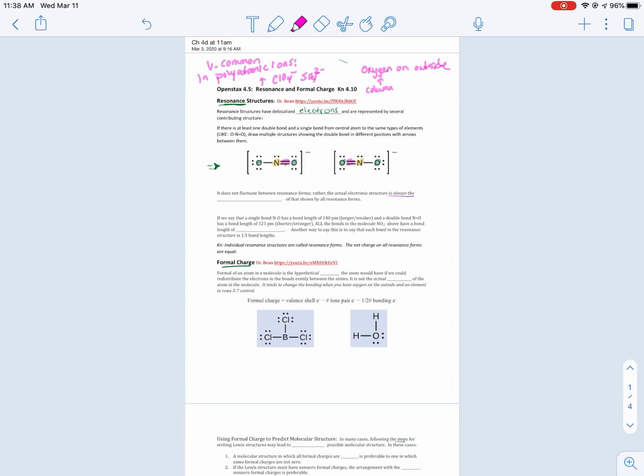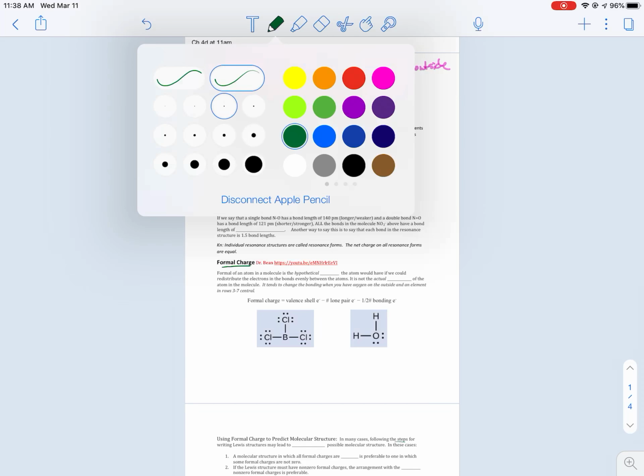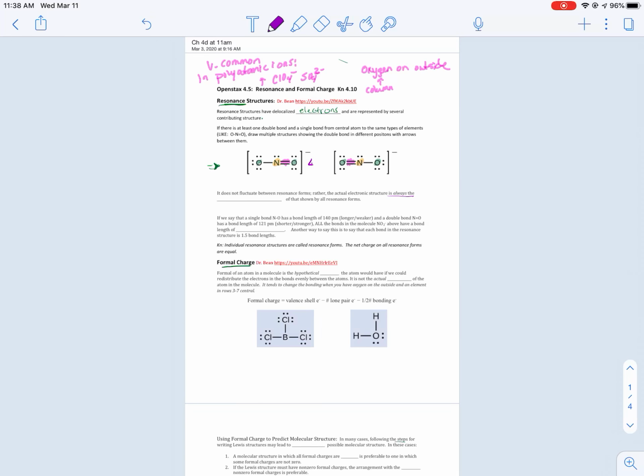When we look at resonance structures, we will draw 2 of them, as shown here, with a back and forth arrow written between them. What you want to recognize is that even though we've drawn 2 structures, the electrons aren't fluctuating. It kind of looks the way we've drawn them like they're fluctuating. This is just the standard form that we use to write resonance structures.